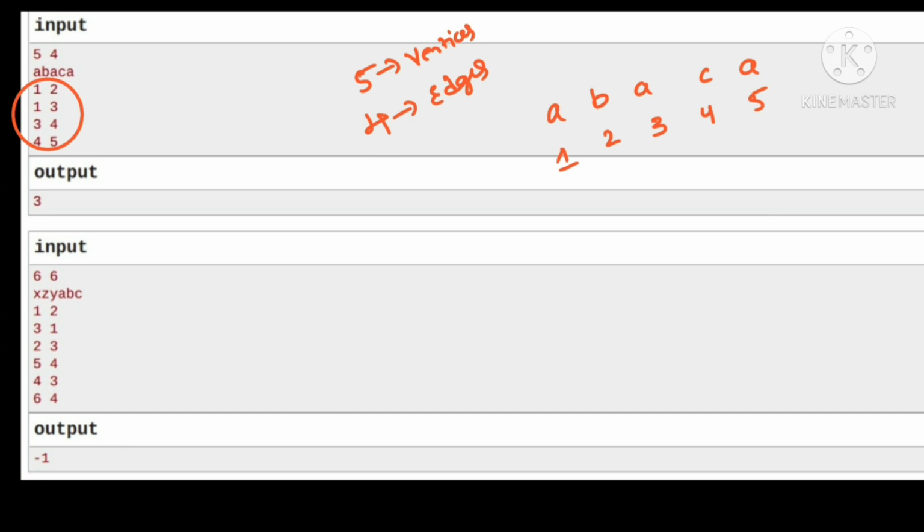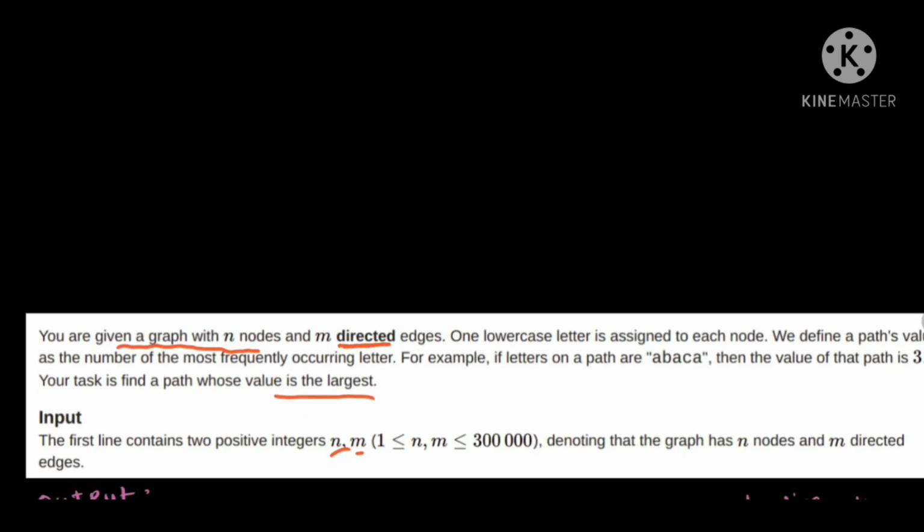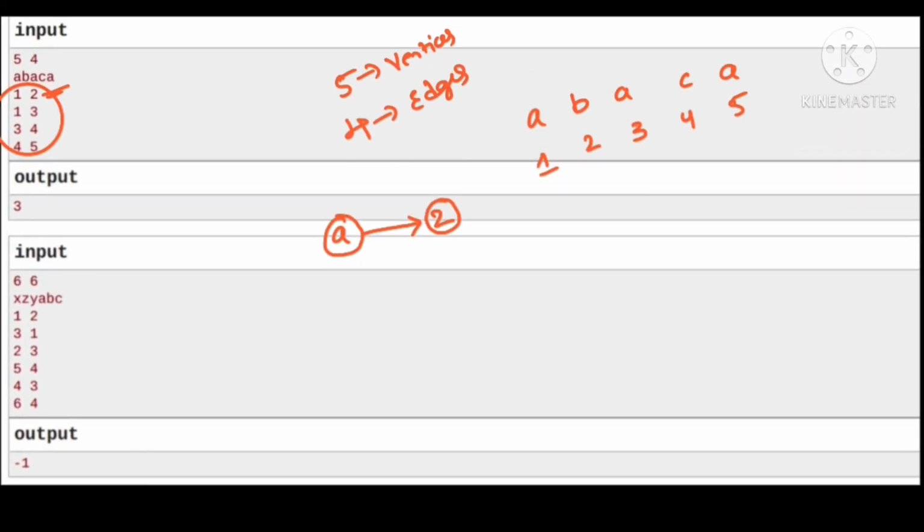So 1 and 2 are directly connected. Here 1 is A and 2 is B. And remember, it's a directed graph, so you need to draw the direction. That is very important. Don't take it as an undirected graph. Where it's clearly mentioned that it's a directed graph, you have to draw the direction also.